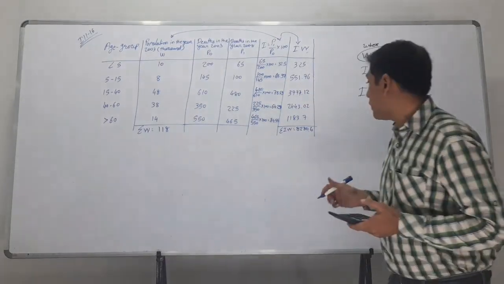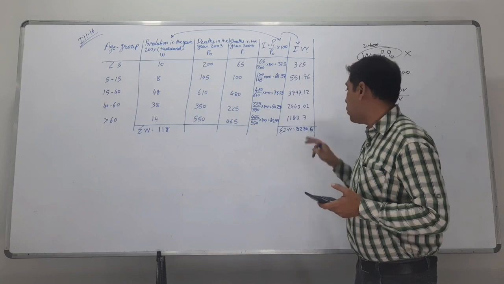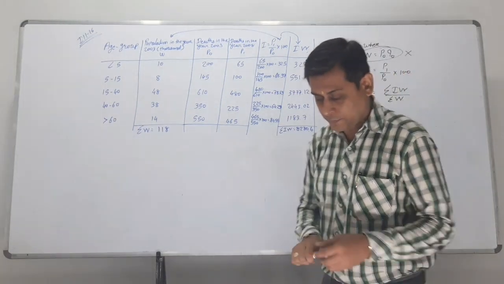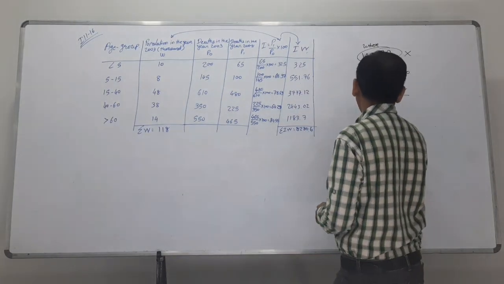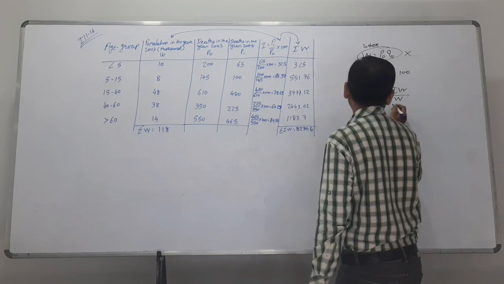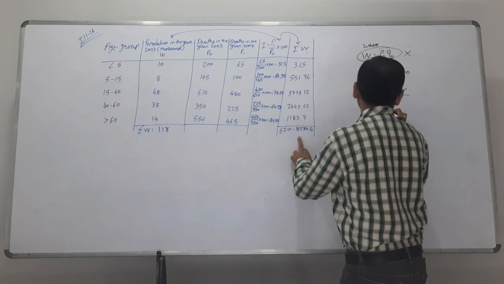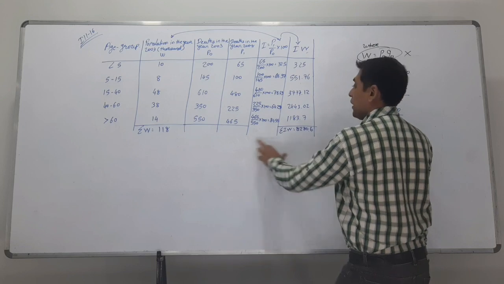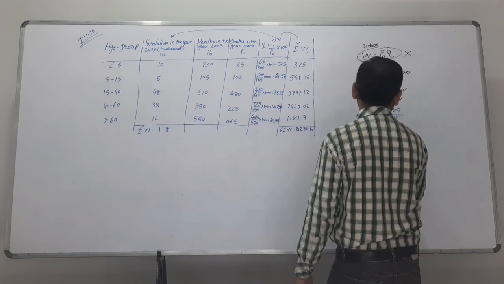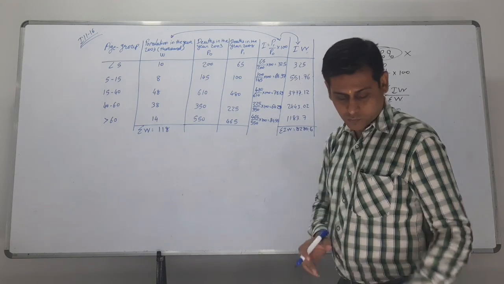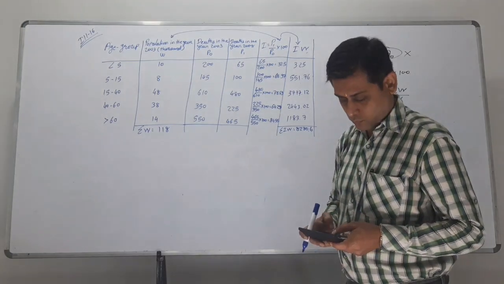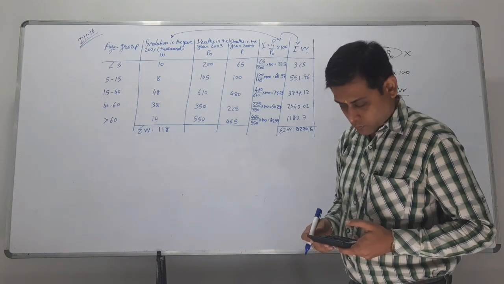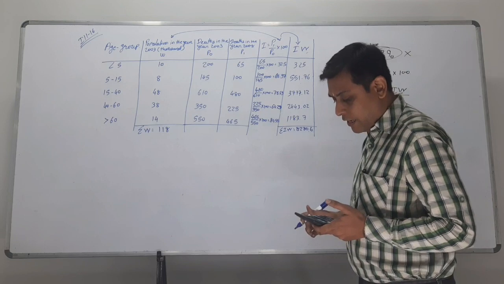So the total of sigma IW is 8280.6. Now see the formula and put the value here. Sigma IW, that is 8280 divided by 118. So here 70.1745.